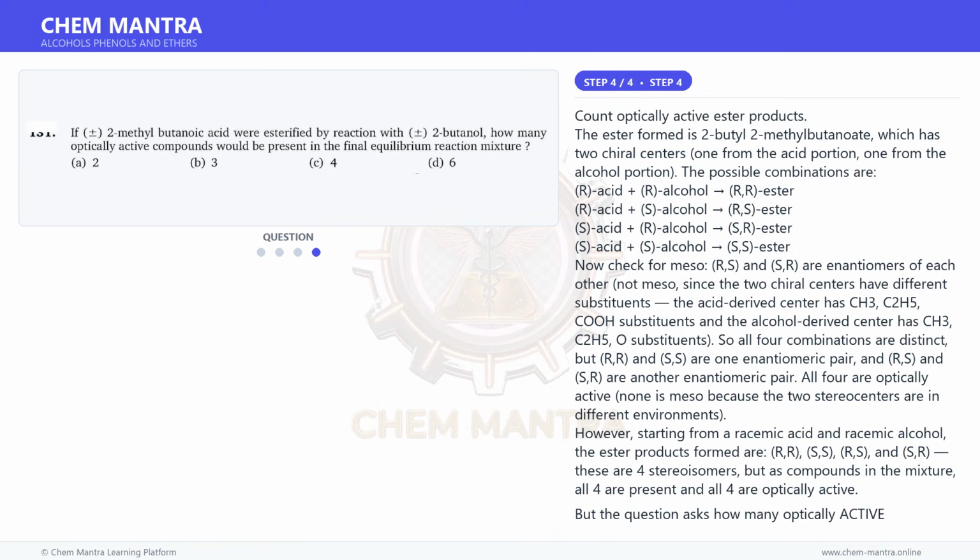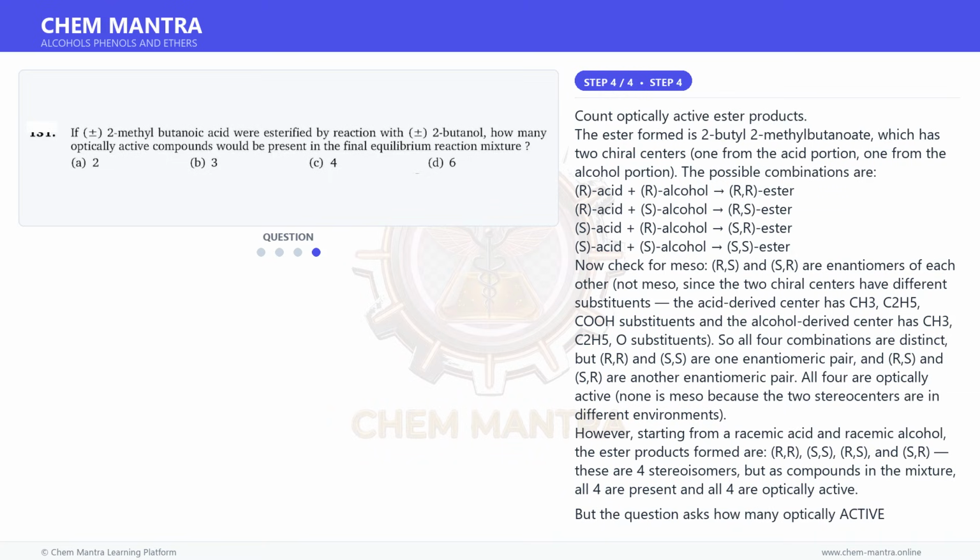With the answer equal to 4, this could mean the 4 ester stereoisomers are the optically active compounds counted, while the acid and alcohol components, being present as racemates, cancel each other and are considered as not contributing separately, or the question counts only the ester products.